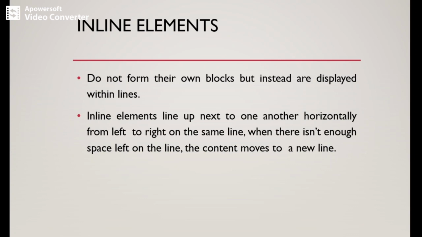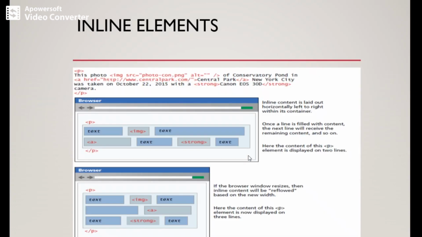Inline elements do not form their own blocks, but instead are displayed within lines. Inline elements line up next to one another horizontally from left to right on the same line. If there is not enough space left on the line, the content moves to a new line. You can see here the example for inline elements. Paragraph tag you have, then text.